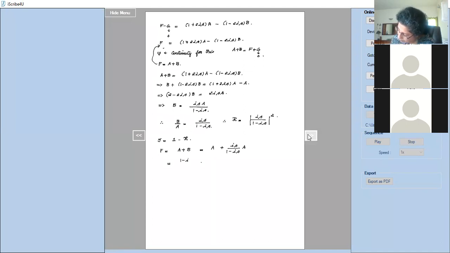It will be essentially 1 minus iβ plus iβ divided by 1 minus iβ A, correct? Which is going to be 1 upon 1 minus iβ A, which implies that F by A is going to be 1 upon 1 minus iβ, or your transmission is going to be modulus 1 upon 1 minus iβ, whole square.